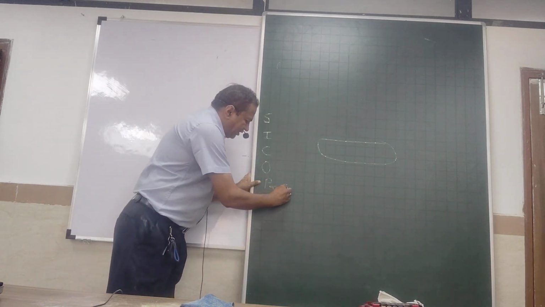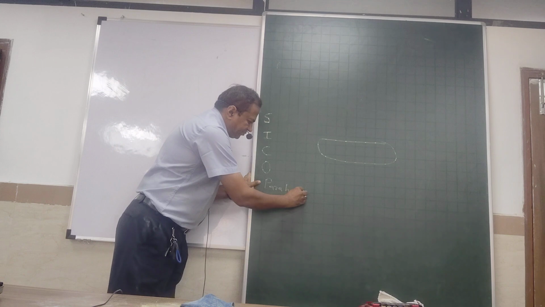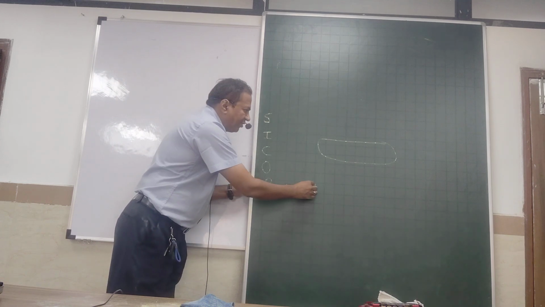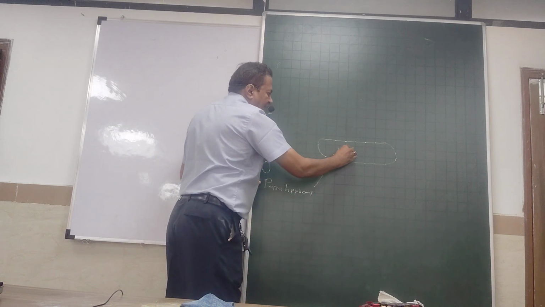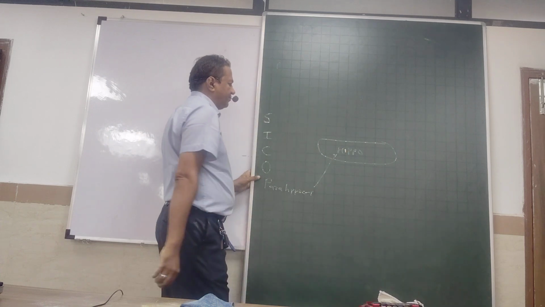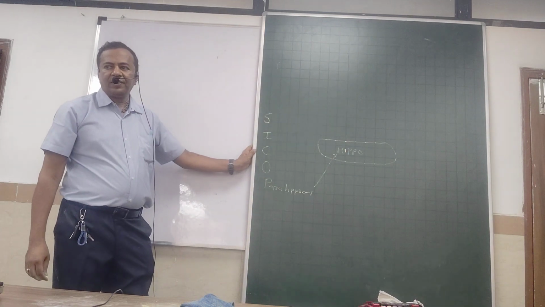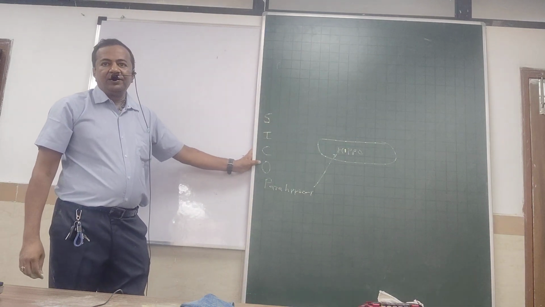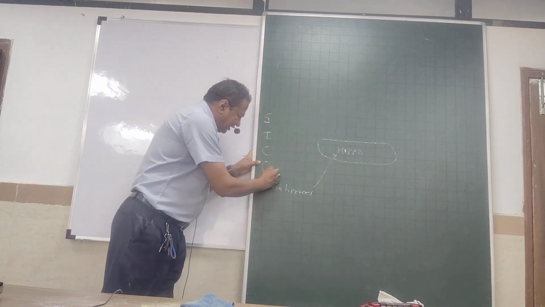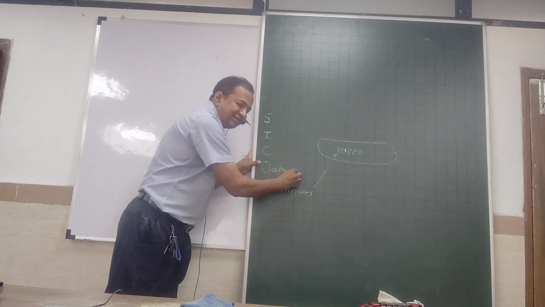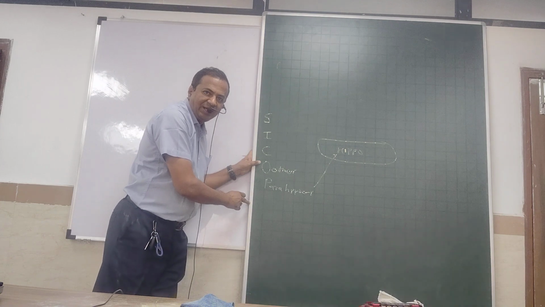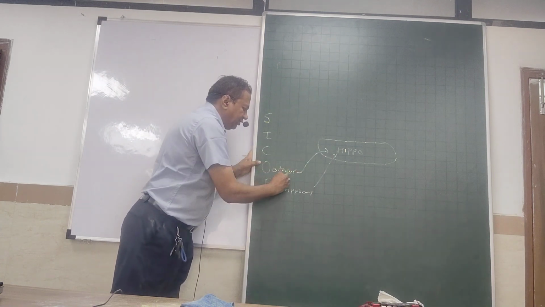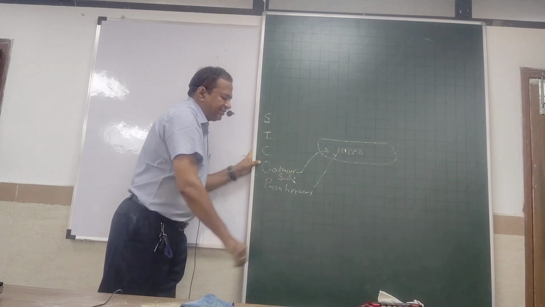Parahippocampal gyrus I have already shown you. Parahippocampal gyrus is connected to hippocampus. Hippocampus is connected to the other hippocampus, and I'm going to show you how also. Other side hippocampus.